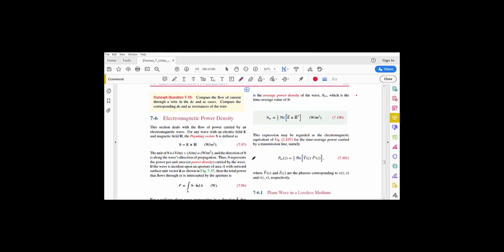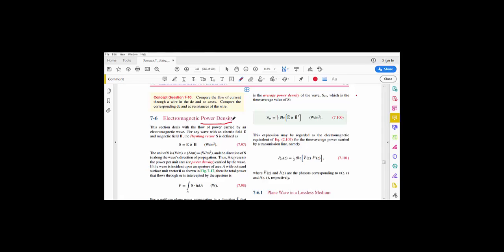So it's too hard to determine the power directly. For such a case we will calculate what is called power density.